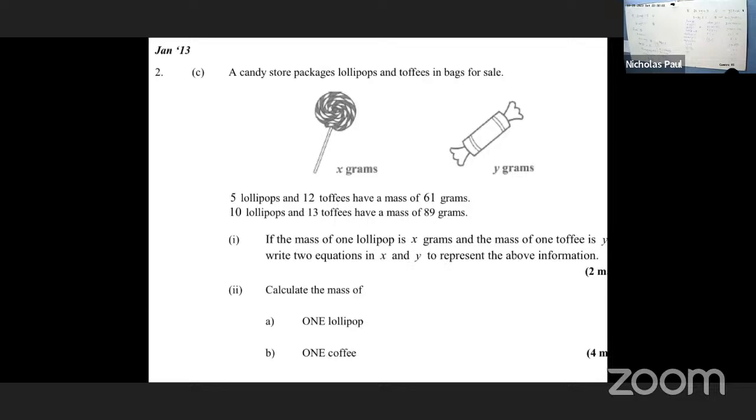Right. So here we have a problem, and the problem here is a worded problem. Right? So take a little read.